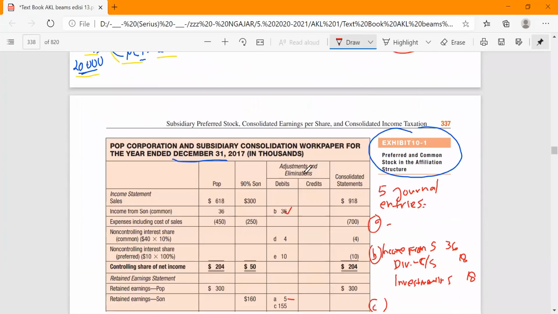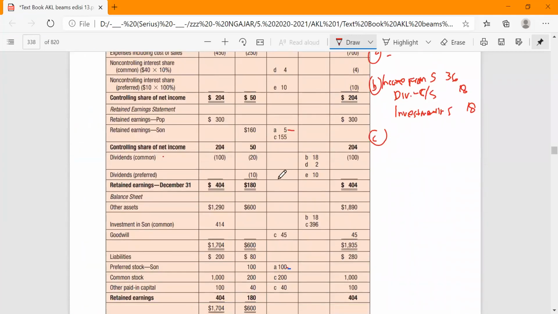So for number C, we have to eliminate the beginning balance of the retained earnings, and then also the goodwill amount that emerged from the purchase when P acquired S, and then we also have to eliminate the paid-in capital as stated before, and the common stock, of course. And then also we have to eliminate the investment in S, and then we recognize the NCI.